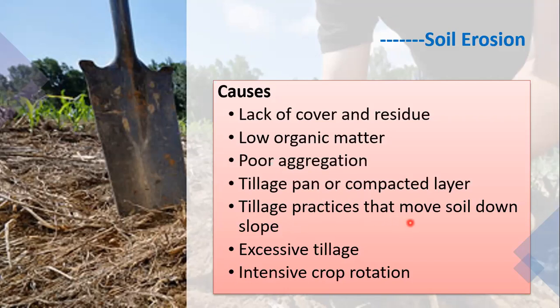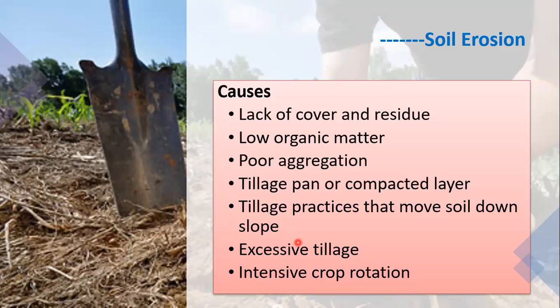Tillage practices that move soil down slope. That is also very important, because for that we must have some special management practices. If you are working along the slopes, that will enhance the movement and the speed of water, and that will cause very rapid soil erosion.